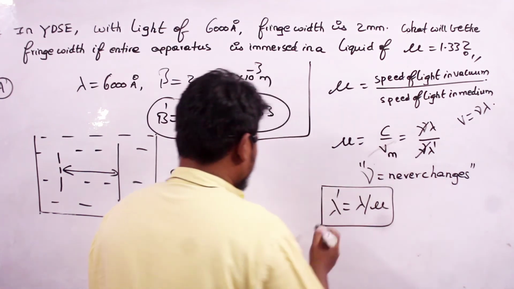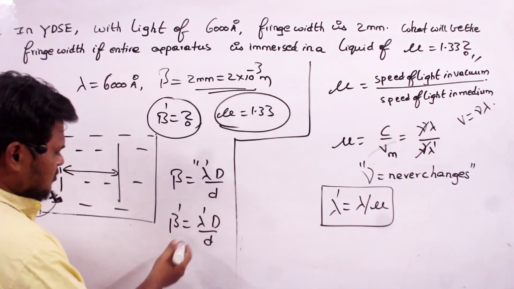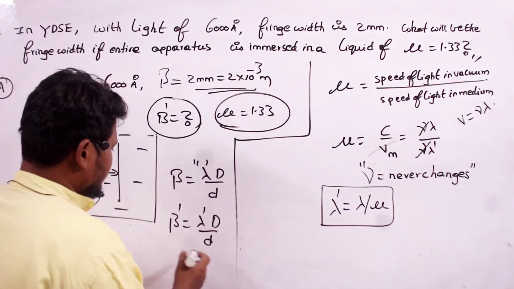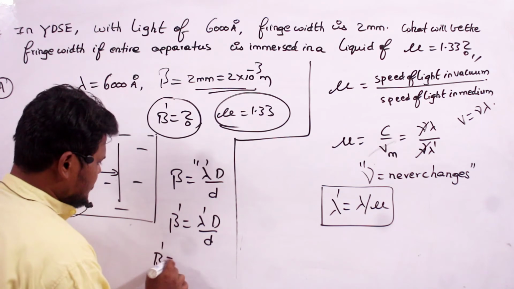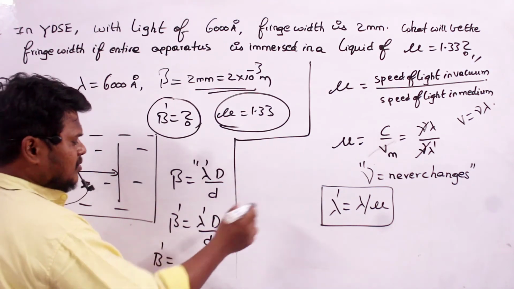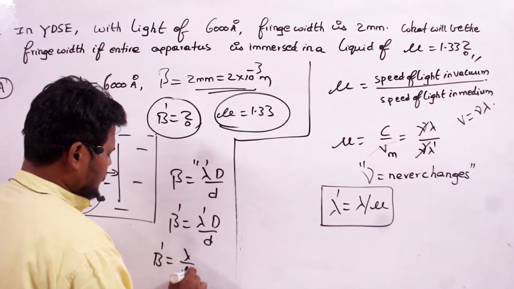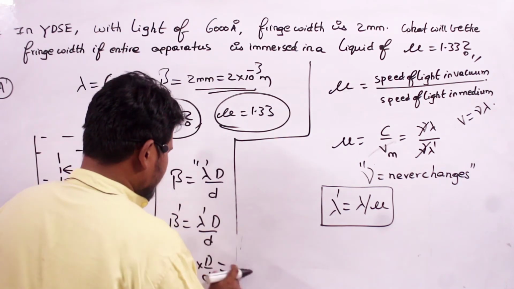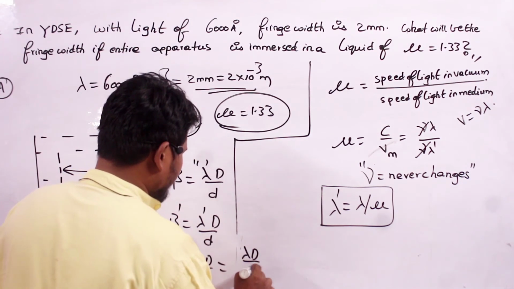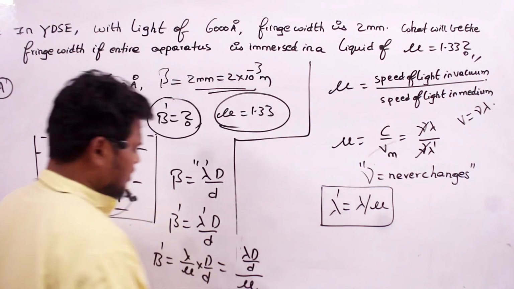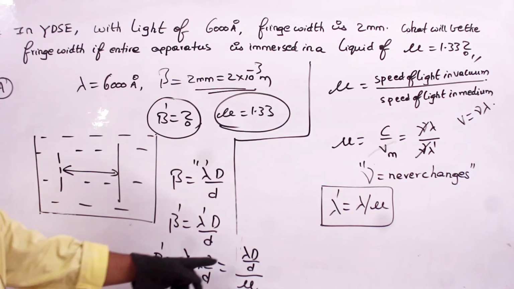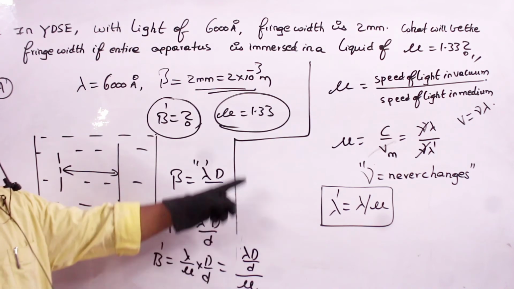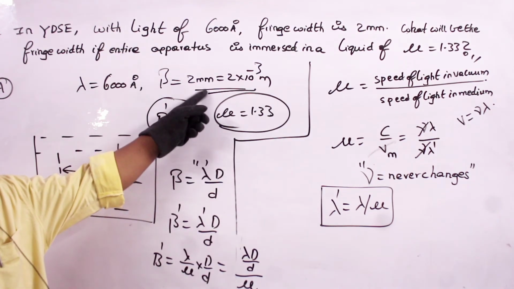Now just substitute in the required equation. So beta dash is equal to, instead of lambda dash, I can write lambda by mu multiplied by D by d. This can be written as lambda D by d divided by mu. And lambda D by d is nothing but beta, whose value is already given.